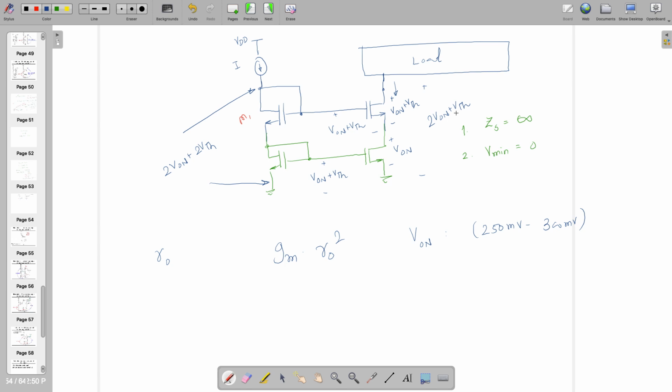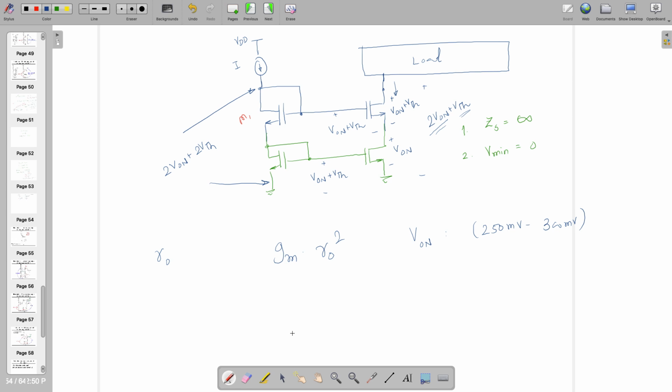We are seeing something like almost 600 millivolt plus some VTH, which is a large number compared to the previous one, which was just around 300 millivolt. So it's all about how much headroom you have. You have only the headroom till VDD, or you can say VDD plus VSS, that's your headroom. So this technique is also not a good one.